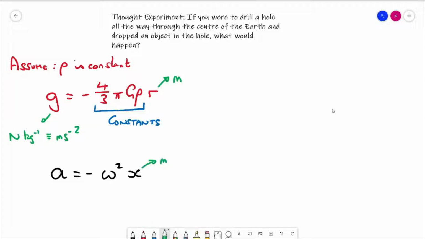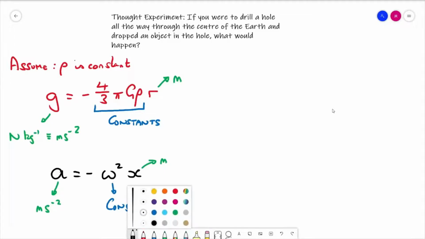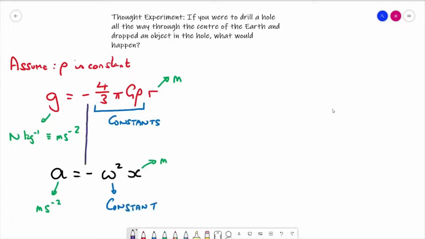Unit of x will be metres. Unit of acceleration will be metres per second squared. Omega is a constant, and obviously we can also see that we've got minus signs as well. So suddenly it's all just falling into place, and it's all been right under our nose without us actually realising it. That body would undergo simple harmonic motion.